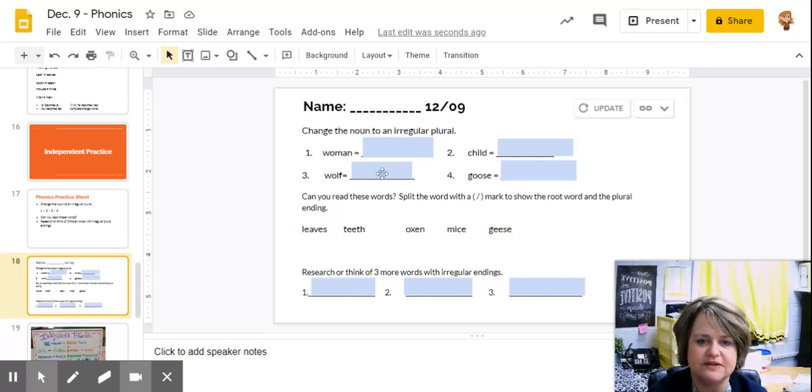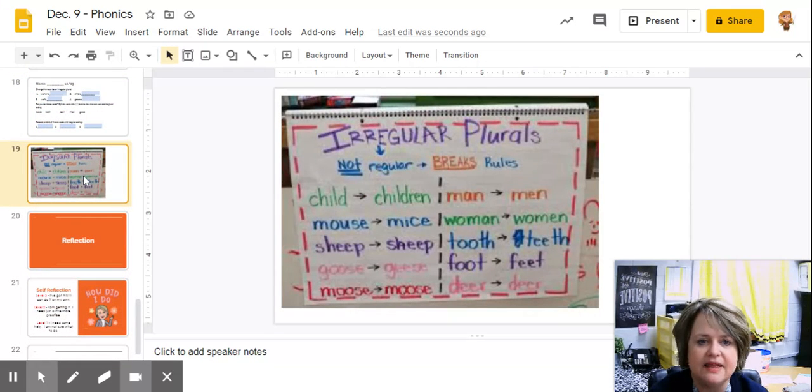And you're going to type those in for me. Then you're going to read these words to someone. And then you're going to add 3 more words that are not here. See if you can come up with 3 more from our lesson earlier. And then there is a chart of irregular plurals if you want to use that to help you with your investigation a little bit. Okay?